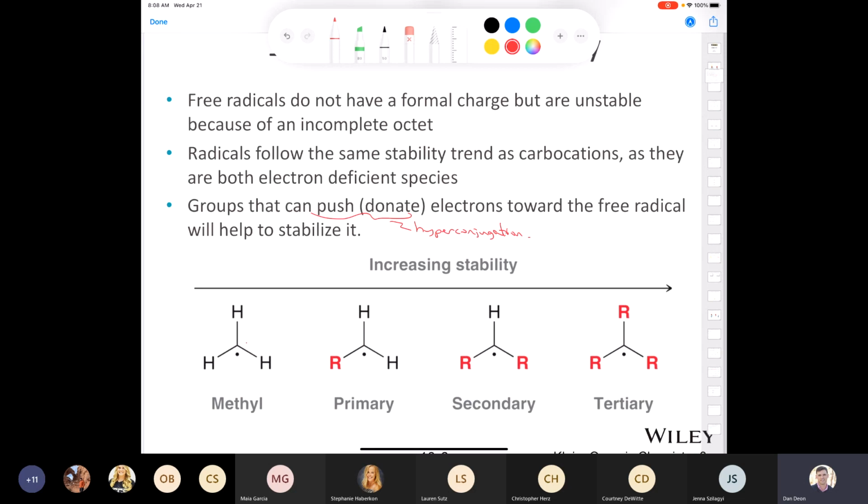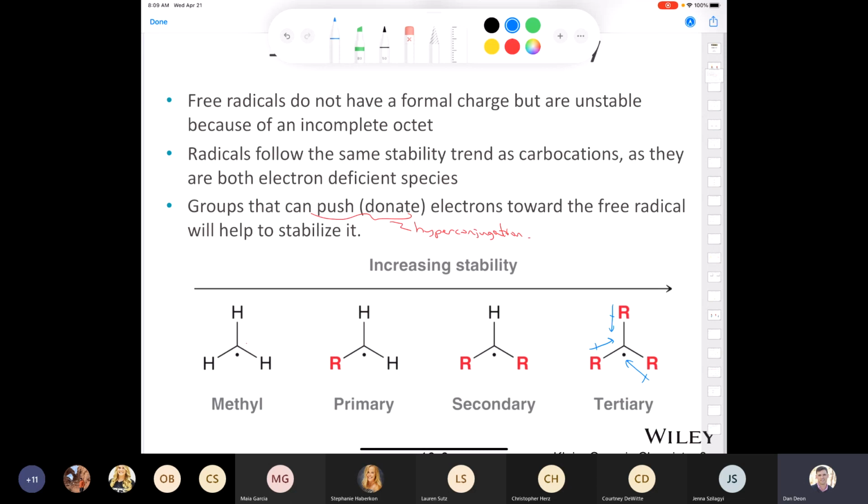Right? We saw the same trend with carbocations. The more R groups we had around a carbocation, the more stable it became. Right? So we go from a methyl to a primary to a secondary to a tertiary, which has 3 R groups all donating some electron density towards the radical. And that is why a tertiary radical is going to be more stable than a secondary, which would be more stable than a primary and more stable than a methyl.